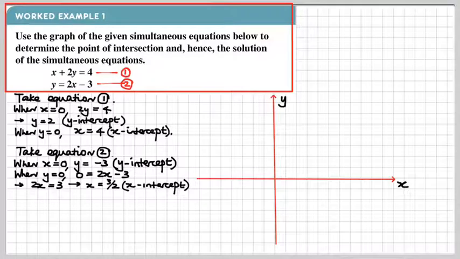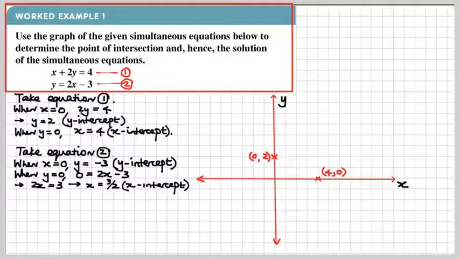Now here we go. There's our graph grid. Let's put these points on there. That's from equation 1. This is the y-intercept, which we got was here. Y was 2. And this one here is your x-intercept, where y was 0, x is 4.